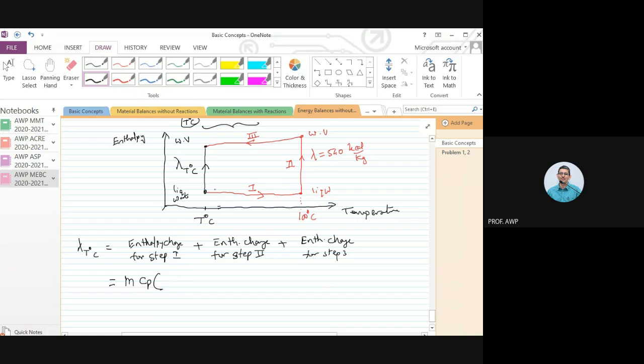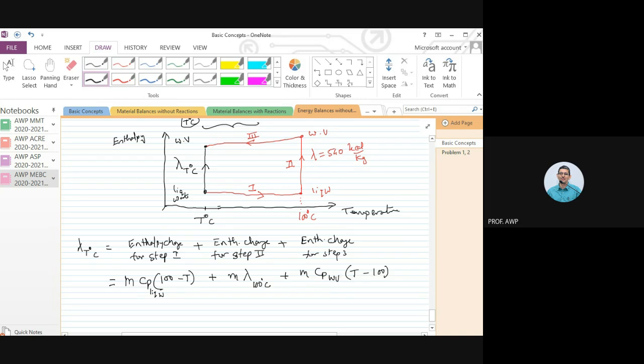We are heating from T degrees centigrade to 100 degrees centigrade, so this is 100 minus T, plus enthalpy change for step 2, mass multiplied by lambda at 100 degrees centigrade, plus enthalpy change for step 3. We are cooling from 100 degrees centigrade to T degrees centigrade, so M into Cp of water vapor now. This first step is liquid water, and step 3 is water vapor. We are cooling from 100 degrees centigrade to T degrees centigrade.